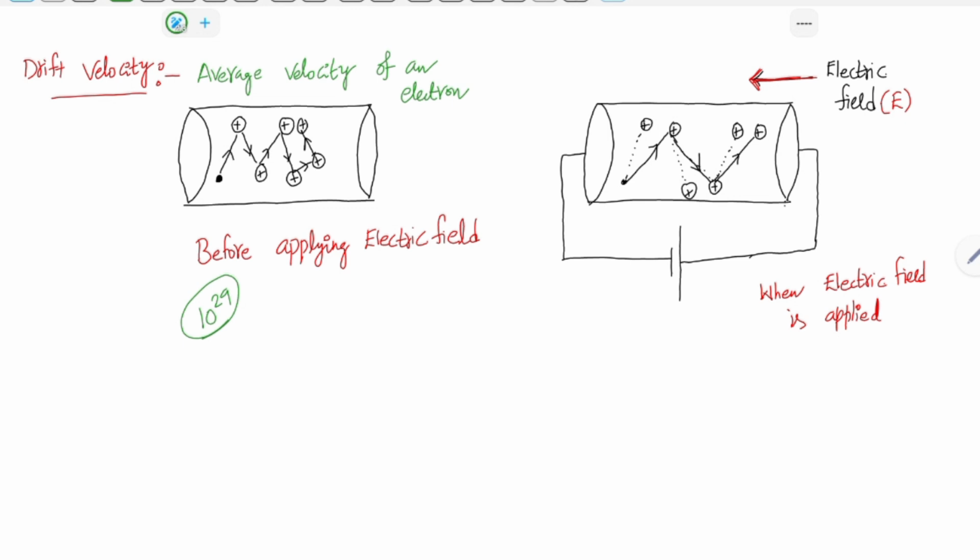These electrons are moving with a velocity called thermal velocity. This is a very high velocity, which is in the order of 10 power 6 meter per second.